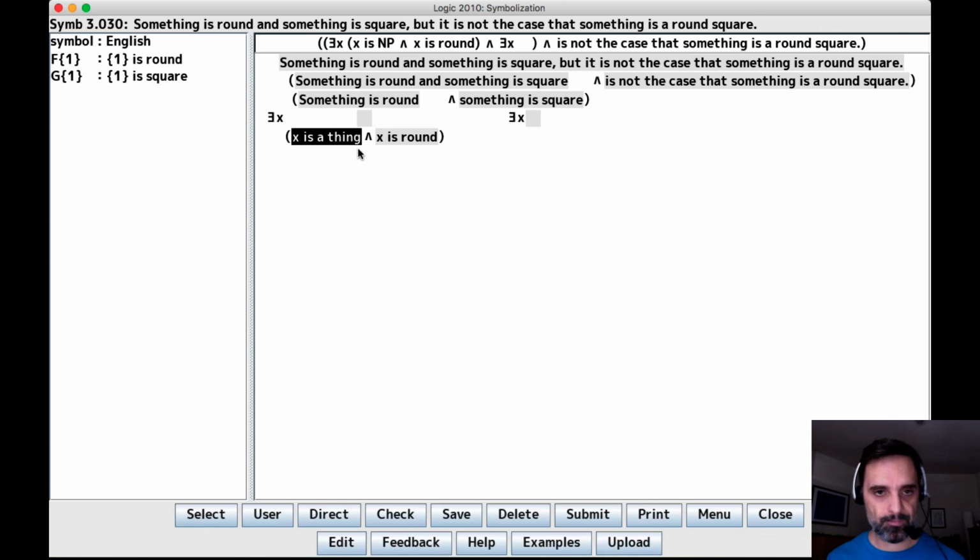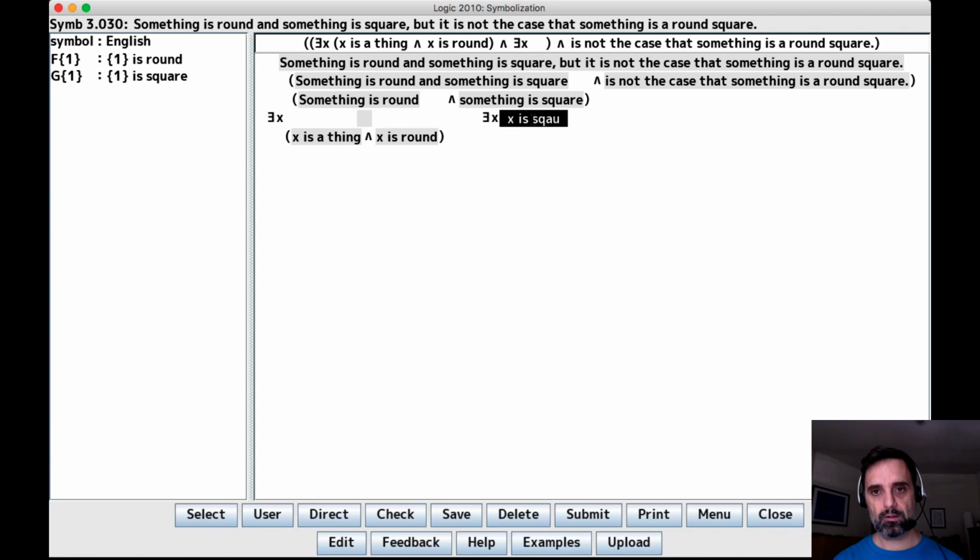But the thing is, this is a dummy conjunction. We don't bother to symbolize x as a thing because the quantifier ranges over all things. All its values are things, so this is superfluous. So we don't do this, and instead we just do this. We say x is square, and that's atomic gx.